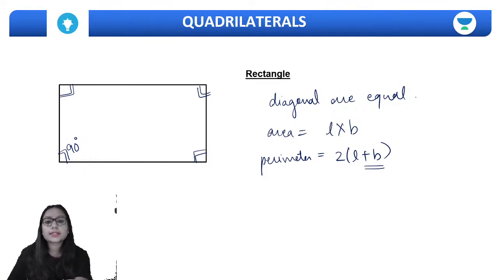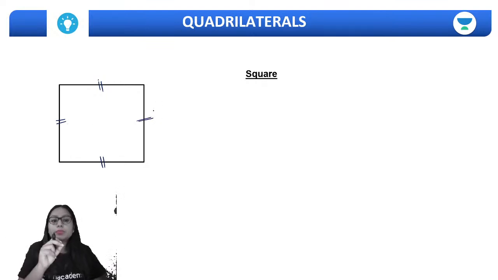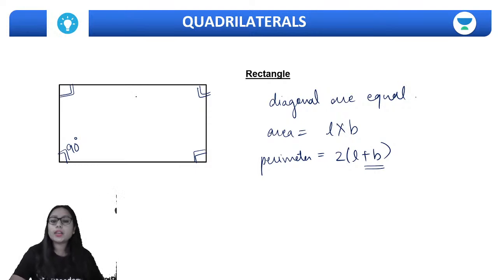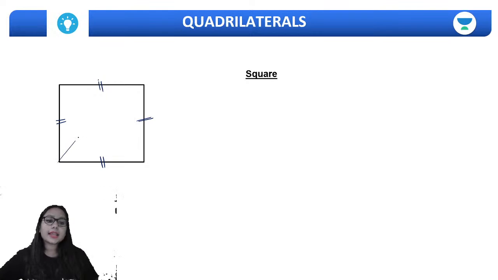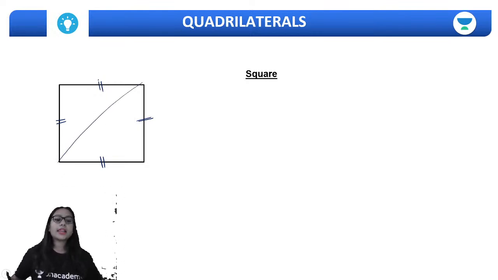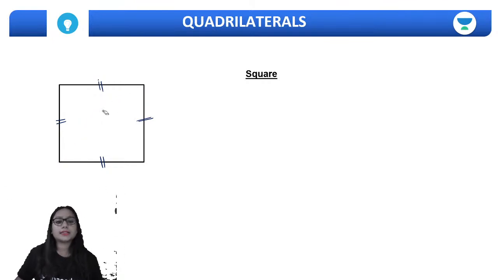Alright. Let us continue. Now what is a square? A square is a rectangle with all sides equal. So all the properties of a rectangle would be here. One added property is that all sides are equal. Now in a rectangle, the diagonals are equal and they bisect each other. In a square, the diagonals are equal as well as they bisect each other at 90 degrees.